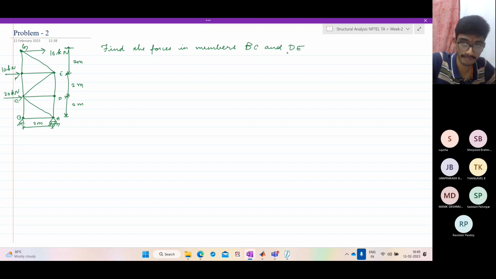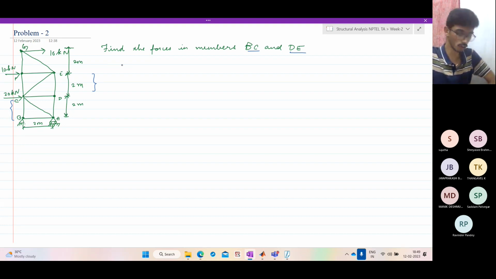So what are the forces in these members? They're asking the force in the members BC and DE. This is BC and this is DE. Okay, so how to go about it? Again, which is better? Method of sections.